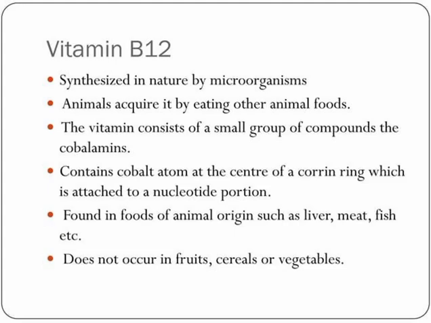The chemical structure belongs to the group of compounds called cobalamins, and features a cobalt atom at the center of the corrin ring, which is linked to a nucleotide portion. The dietary sources are foods of animal origin, especially liver, meat, fish, etc. It does not occur naturally in fruit, cereals or vegetables. So vegetarians are sometimes deficient in vitamin B12.